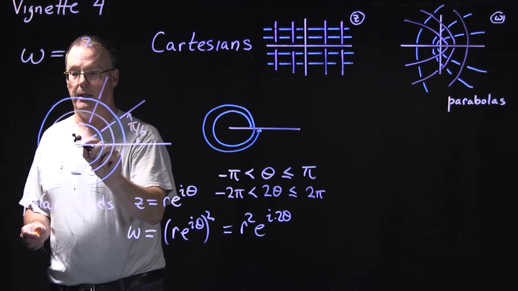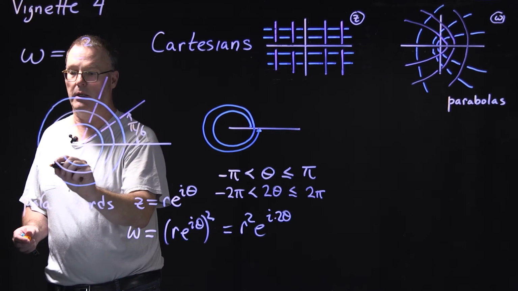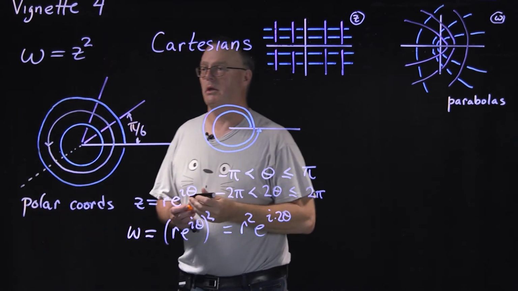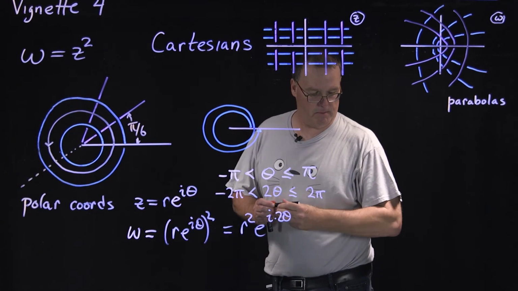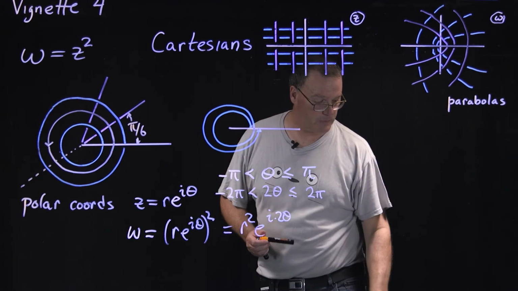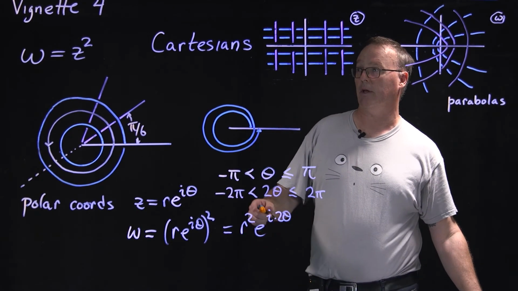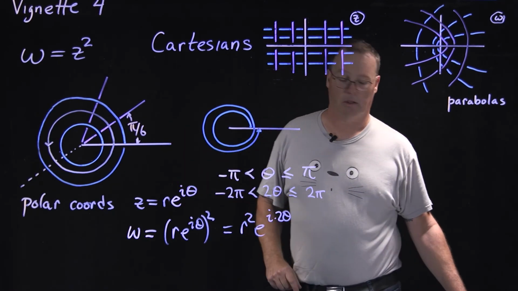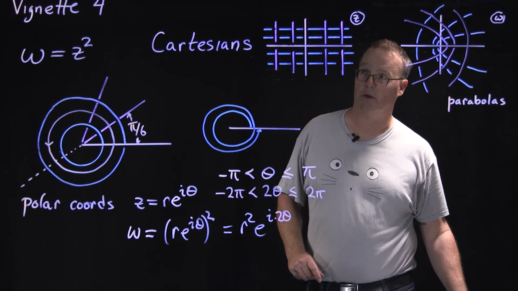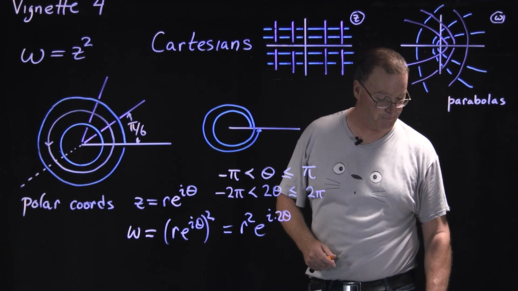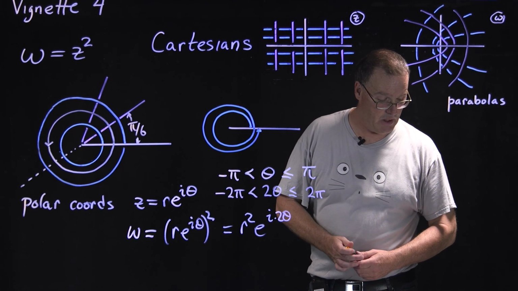So this ray also gets mapped to this one. So that's just the touching everything twice on there. But I want to point out that for pure powers, Cartesian coordinates are possible, but polar coordinates are much better.